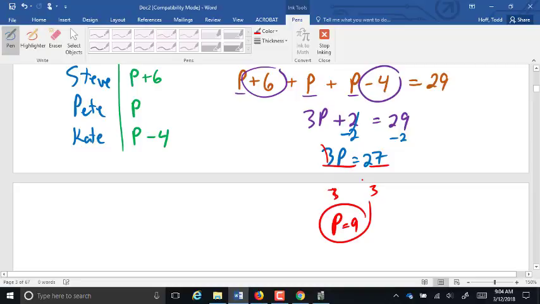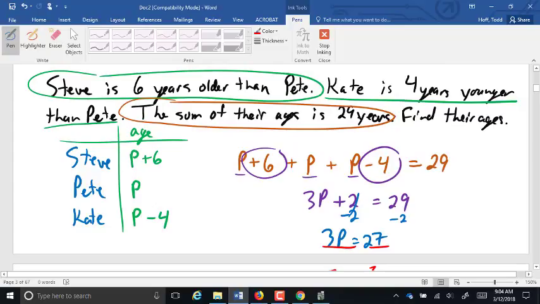P equals 9. Now again, I have to answer the question. The question asks, find their ages. So P is Pete's age, that's 9. P plus 6 is 9 plus 6, that's 15, that's Steve's age. P minus 4 is 9 minus 4, which is 5, that has to be Kate's age.